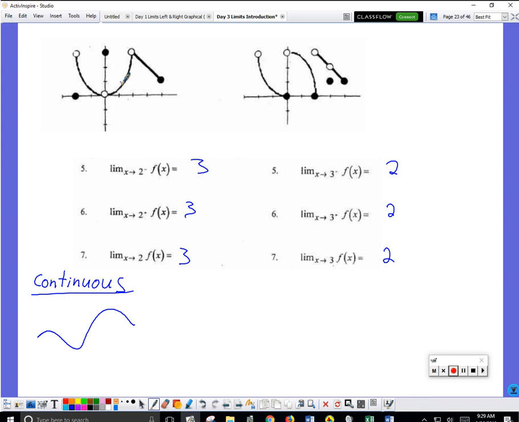Okay, the 3 types of discontinuities that you have to memorize. So number 1, we don't have an example of it on this page. I'll show you one in a minute. It's a discontinuity you've seen in other classes, the vertical asymptote.